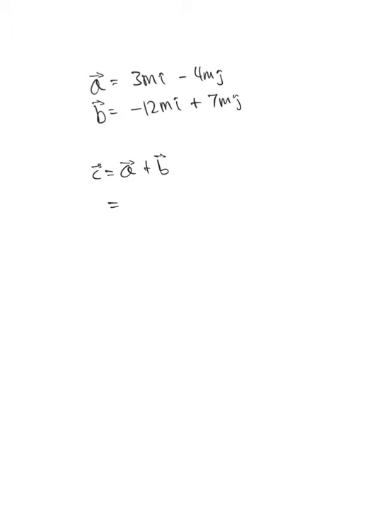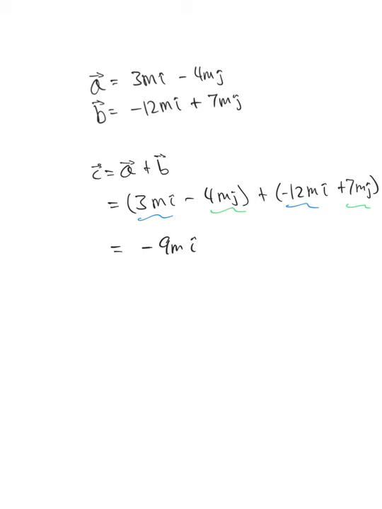Well, c vector is therefore equal to 3 meters i hat minus 4 meters j hat plus negative 12 meters i hat plus 7 meters j hat. Adding like terms, so again I add the x things to x things and I add the y things to y things, I get negative 9 meters i hat plus 3 meters j hat.